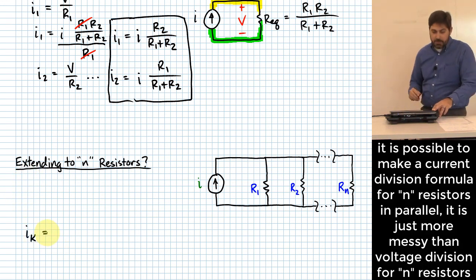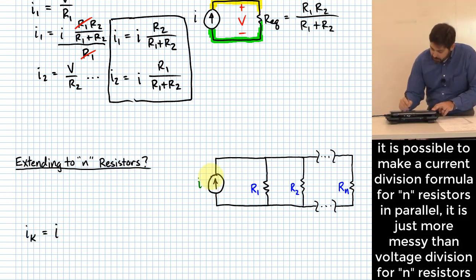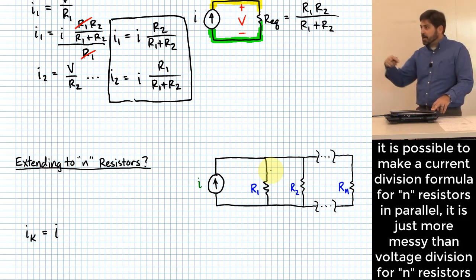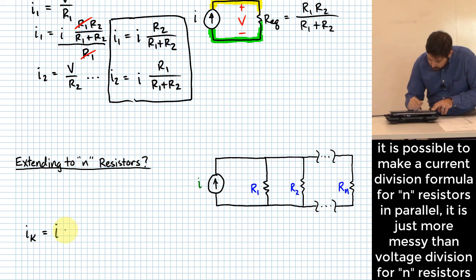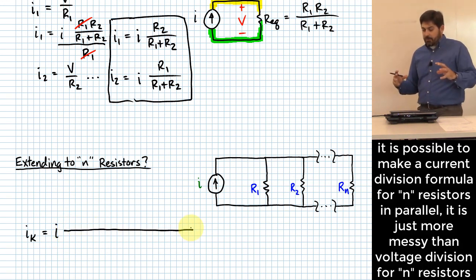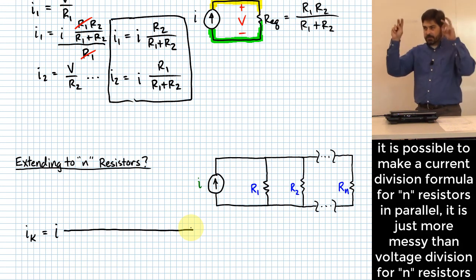Okay? What we would do is we can still say it's whatever current was being driven through the combination of all of them. But now, the tricky part is we kind of have to think of collapsing this circuit from being n resistors back down to 2 resistors, where one of the resistors is the one we're trying to investigate, and the other resistor is the equivalent resistance of everything else.